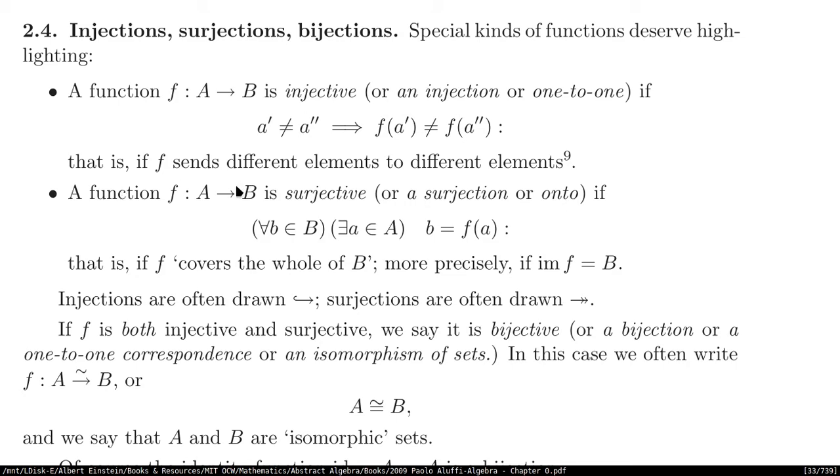So each element in B is always mapped by something in A. For every element in B, you can find something in A that is mapped to b. So B is always covered, or no element of B is missed.